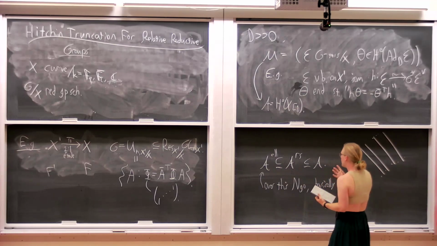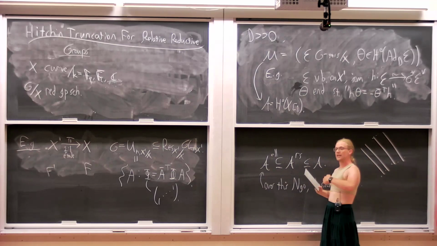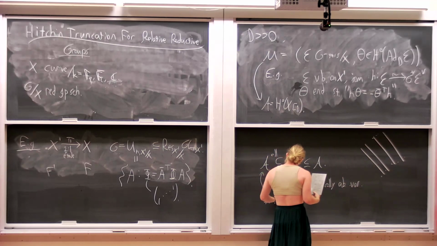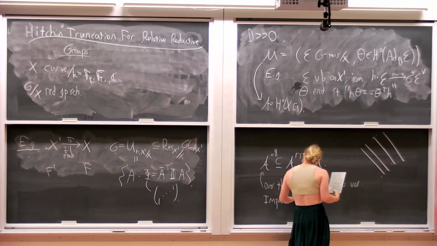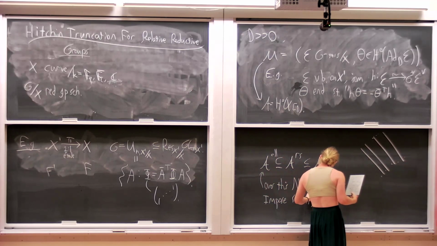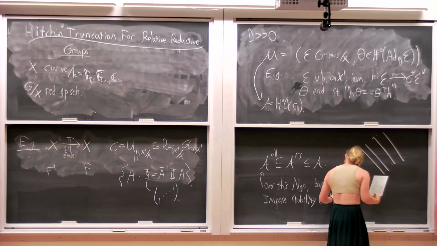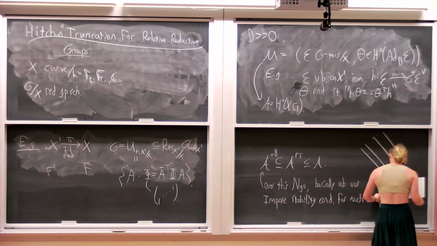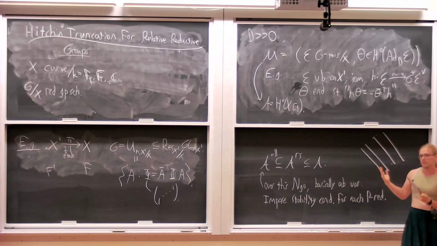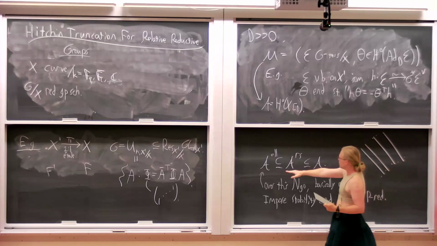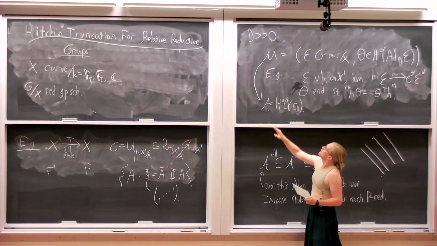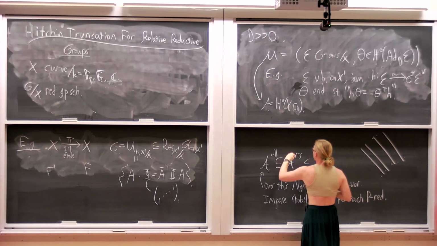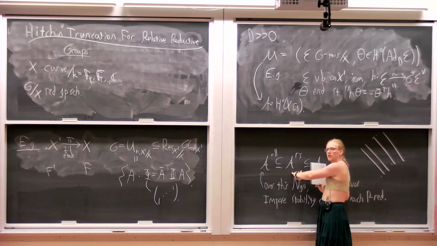And so you can impose a stability condition for each parabolic reduction that a particular bundle admits. And so you change nothing over this locus, but you can truncate this Hitchin fibration in the fiber direction to get something that's well behaved over a larger locus.